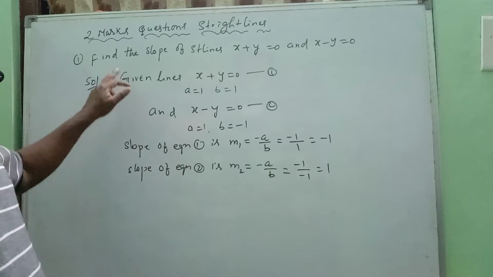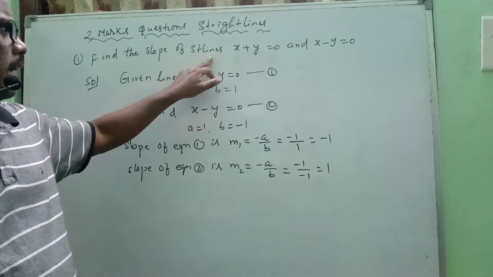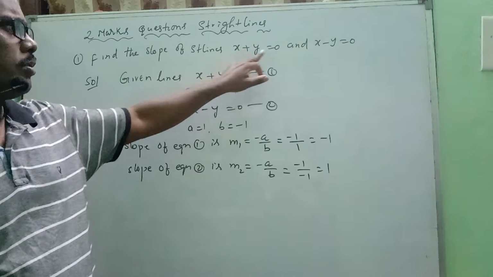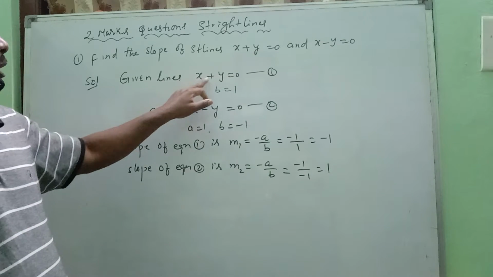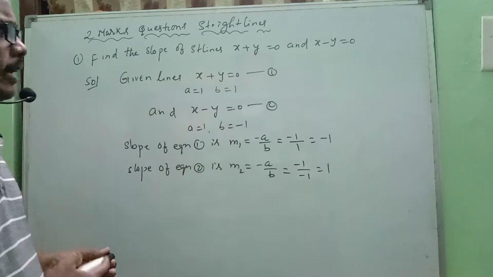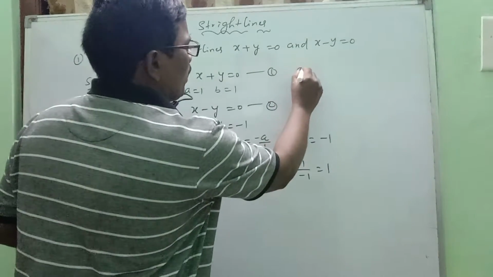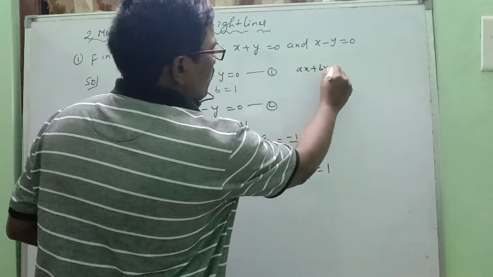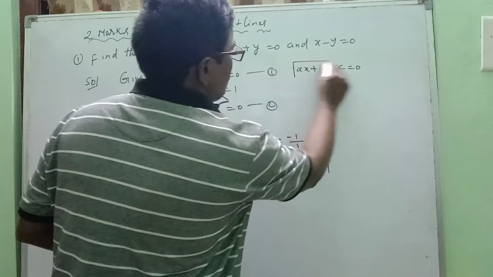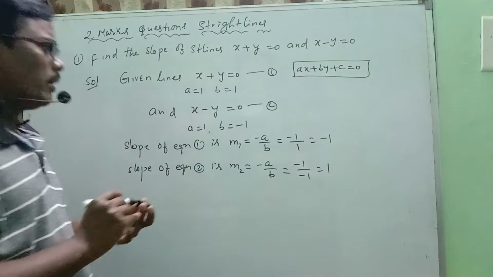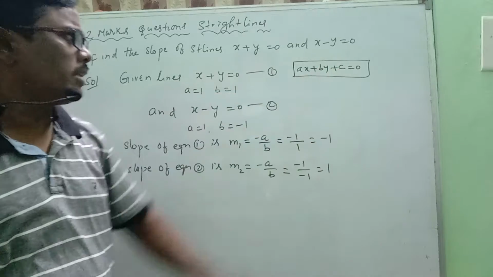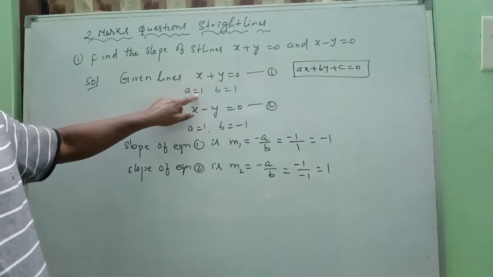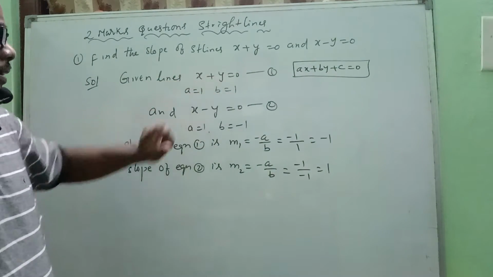Once again, find the slope of these straight lines: x plus y equal to 0, x minus y equal to 0. This looks like the formula ax plus by plus c equal to 0, where the x coefficient is a, the y coefficient is b, and the constant is c. Here the x coefficient is 1 and the y coefficient is 1.